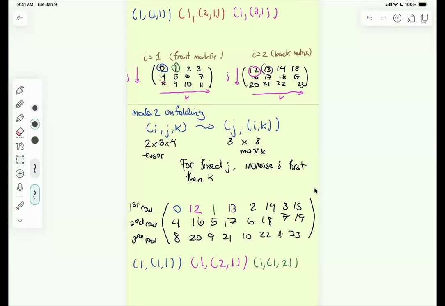Not that it's hard to go back and forth, but these two people said that it requires conventions, right? There's not a canonical way, not a unique way to turn the tensor into a matrix, but it's not an issue for what we want to do.